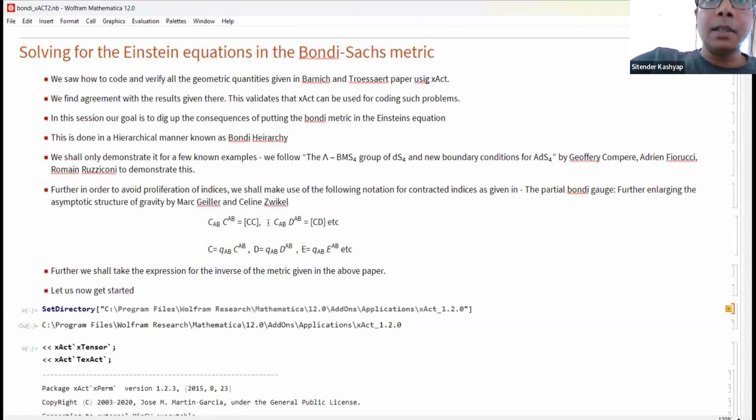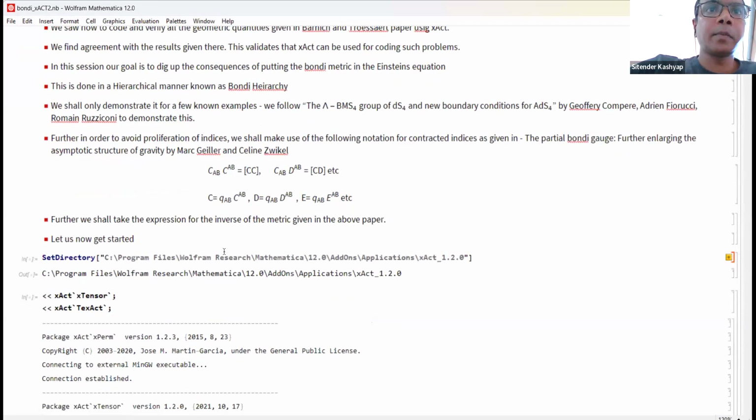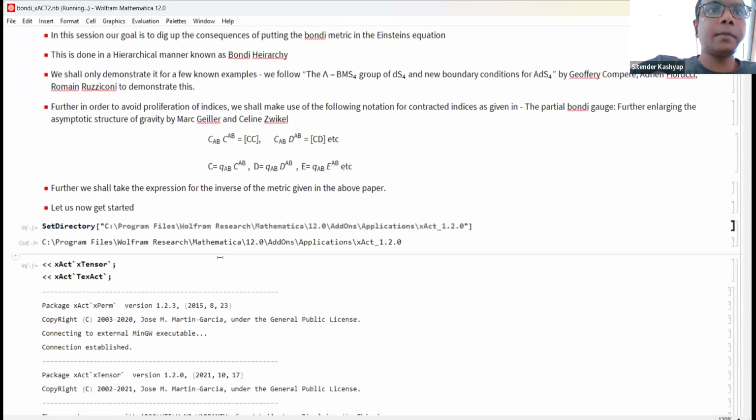There are certain notations that I need to use, and we will follow the paper by Mark and Celine, where they use this compact notation: C_AB is essentially CC_AB, C_AB,D is essentially C_AB,D, etc. The traces are denoted without any indices: C is q^AB C_AB, C_D is q^AB C_AB,D, etc. So we shall follow the notations there. So let's set the directory.